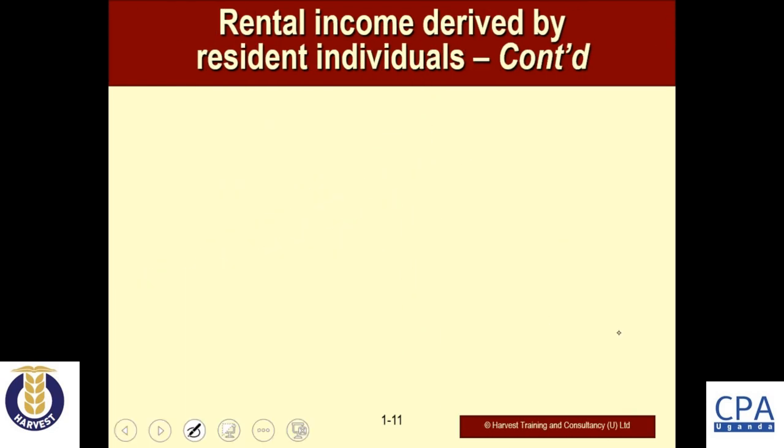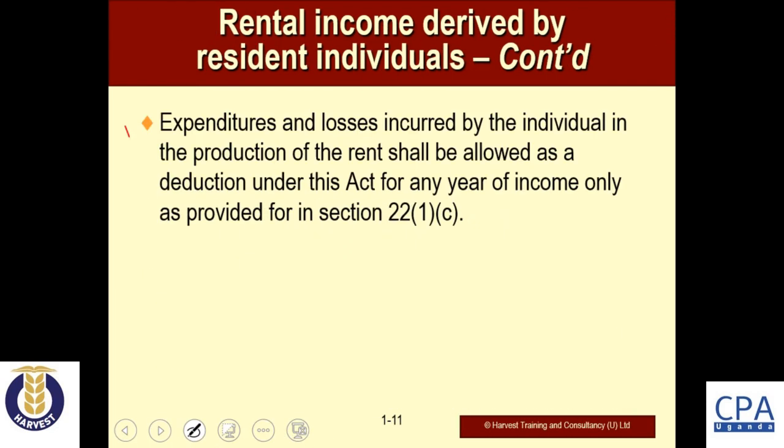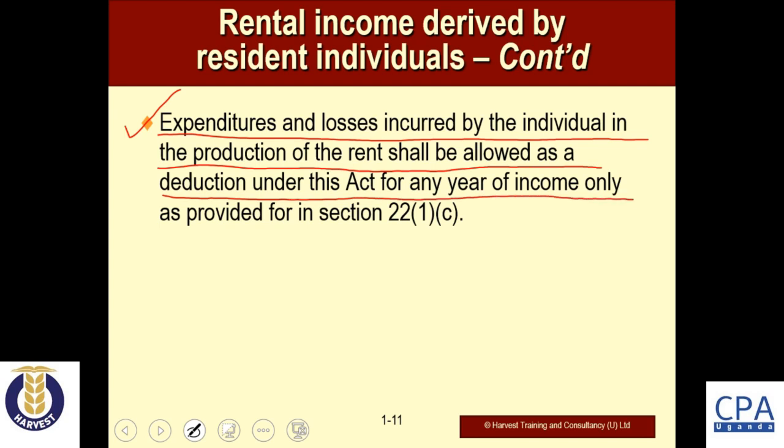We continue by saying that the expenditures and losses incurred by the individual in the production of rent shall be allowed as a deduction under the Act for any year of income as provided for in Section 22, subsection 1, Part C of the Income Tax Act. Expenditures and losses you incur as an individual while producing that rental income are allowed to you as a deduction.